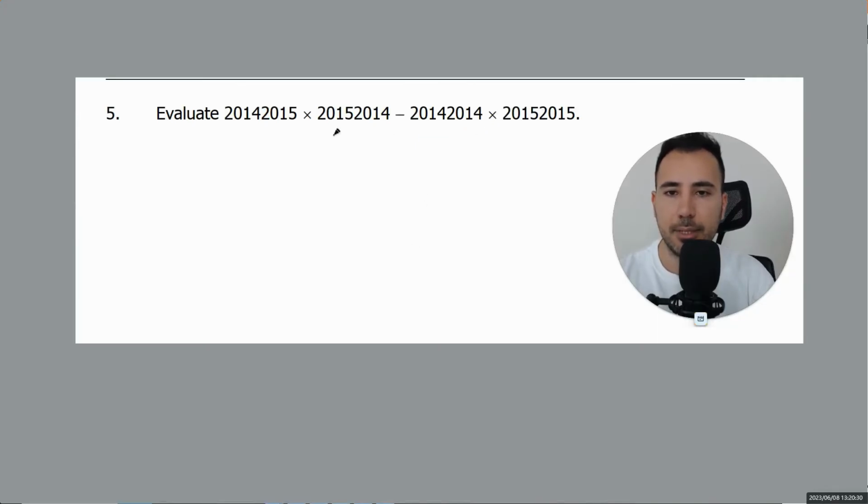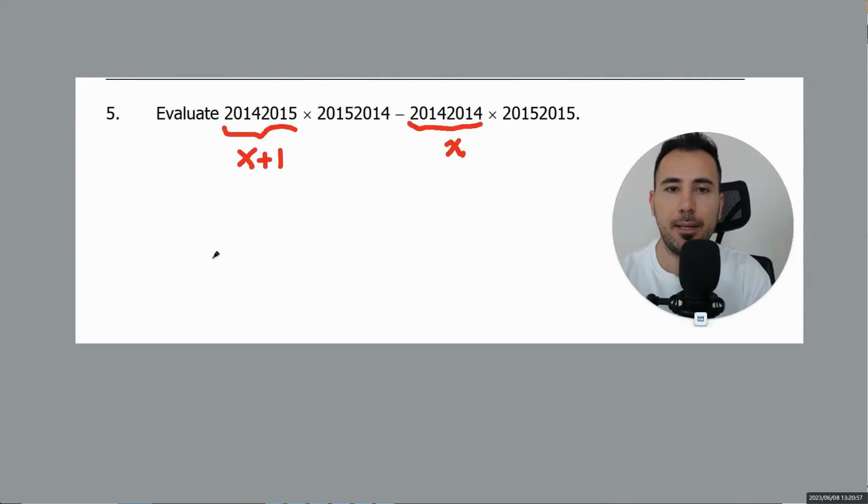You just have to name these, right? So I'm going to find, this is the smallest number, 2014. I'm going to call this one anything. I'm going to call this X. 2015 is only one more than this. This is X plus 1.